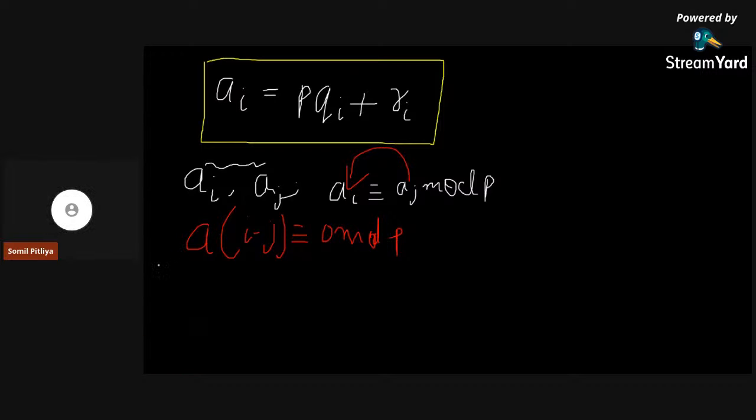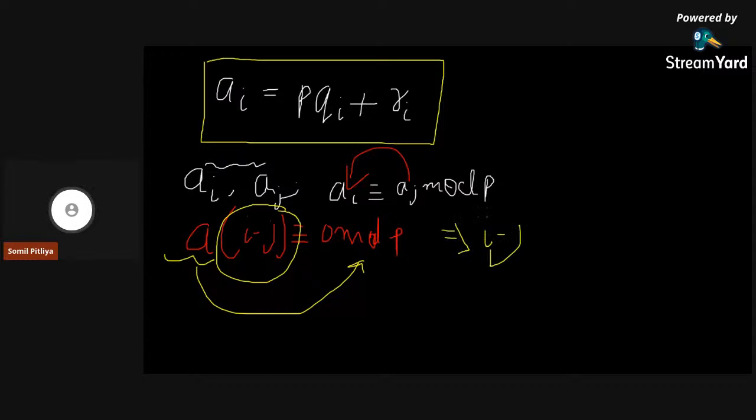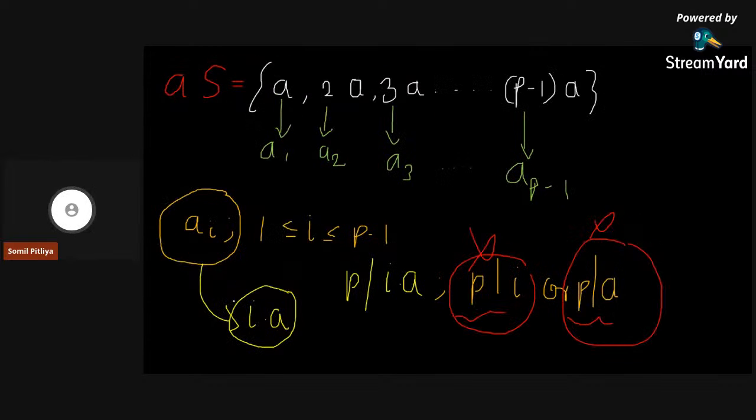Now clearly this A does not divide P, that is GCD of A comma P is 1. So can I say that I minus J is congruent to 0 modulo P? This implies that I minus J is congruent to 0 modulo P. From this I can say that I is congruent to J modulo P. But this can only happen when I is equal to J, because I comma J is less than P minus 1.